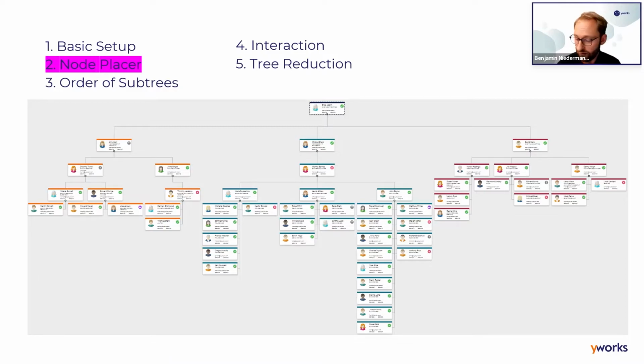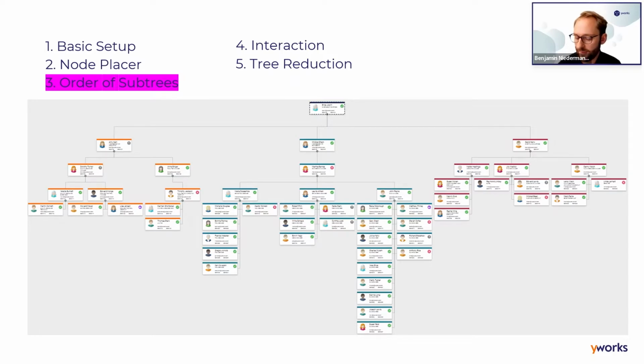Sometimes it is also desirable to order the subtrees. Sometimes you would like to say, okay, this subtree should be placed on the left-hand side and this subtree should be placed to the right. In this use case, I just want to place larger subtrees on the left-hand side and smaller subtrees on the right-hand side, so that you can see directly which of the teams are the larger ones and which are the smaller ones.